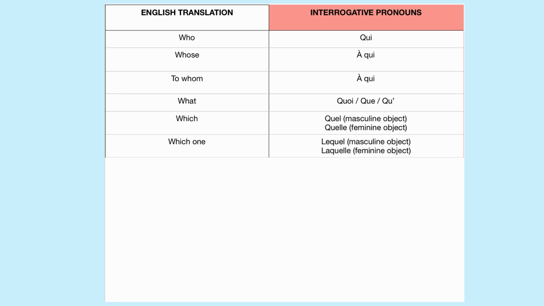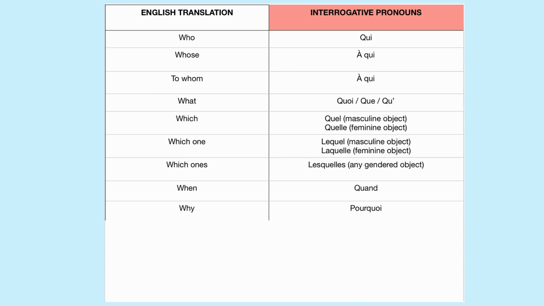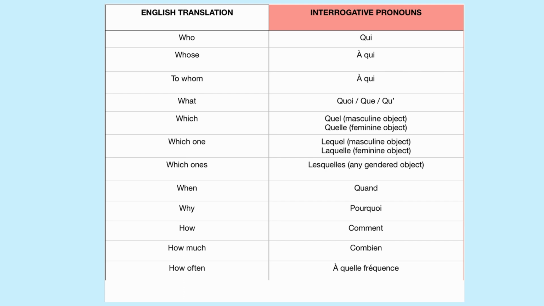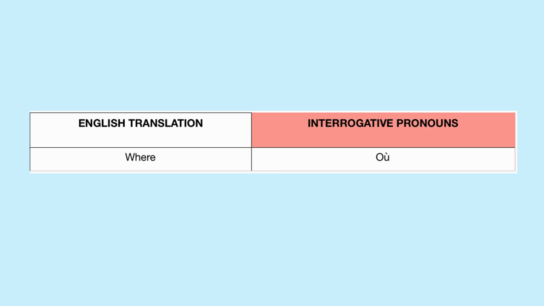Which one is lequel for a masculine object, or laquelle for a feminine object. Which ones is lesquels for any gendered object. When is quand, why is pourquoi, how is comment, how much is combien, how often, à quelle fréquence, what time, à quelle heure. And finally, we have where, which is où with an accent.